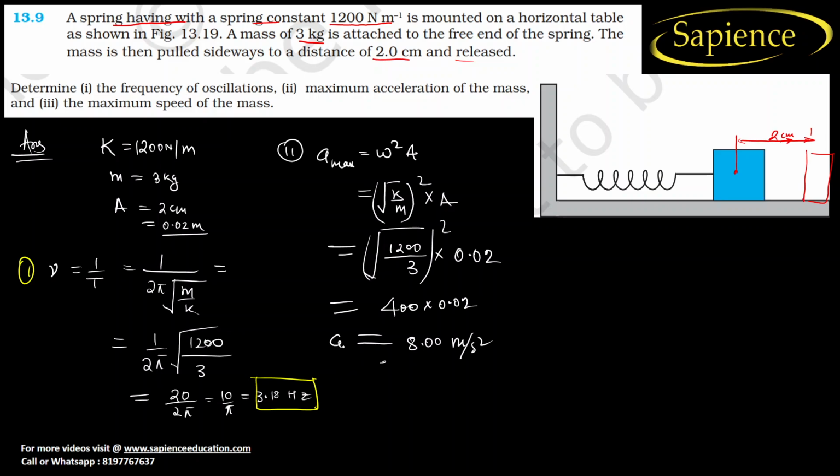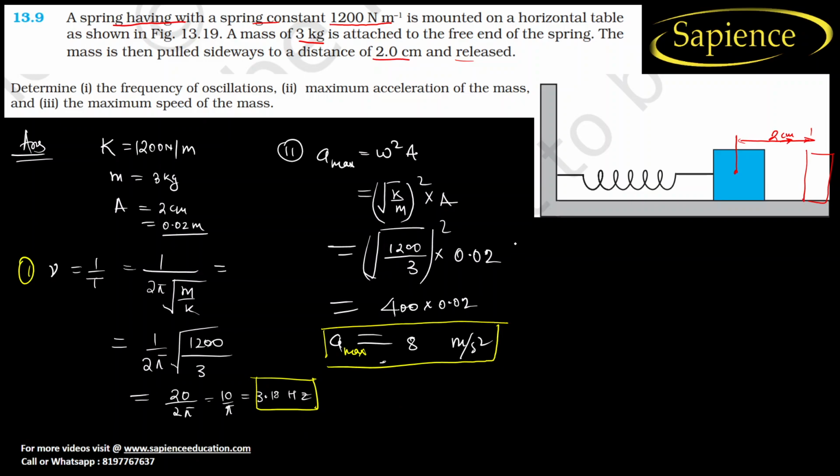So this is the acceleration. Our answer for this question, maximum acceleration A max, is equal to 8 meter per second square. I omit the 00 so that you won't get confused. This is all about question number 2.